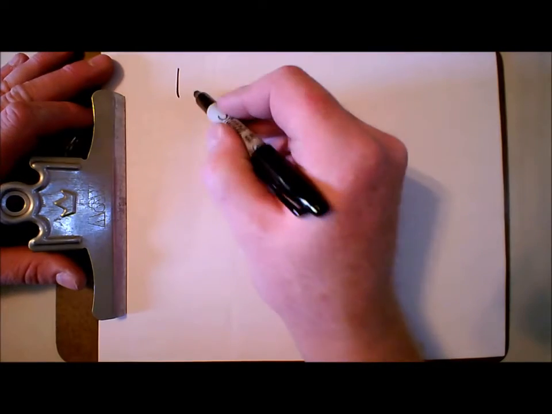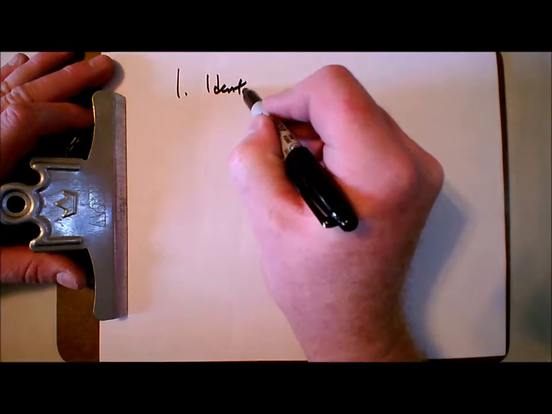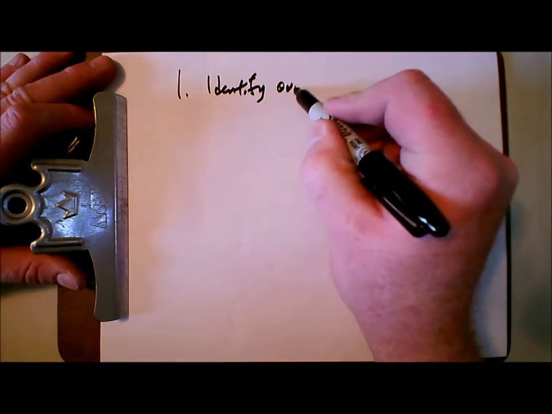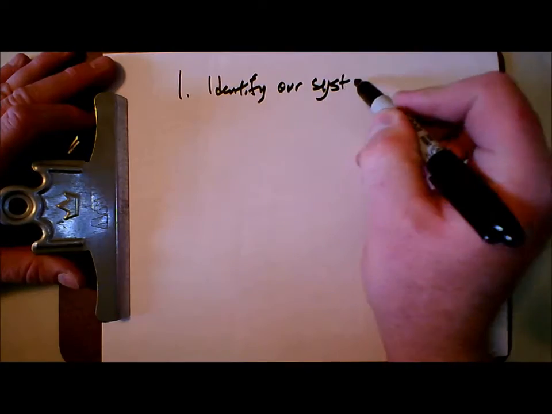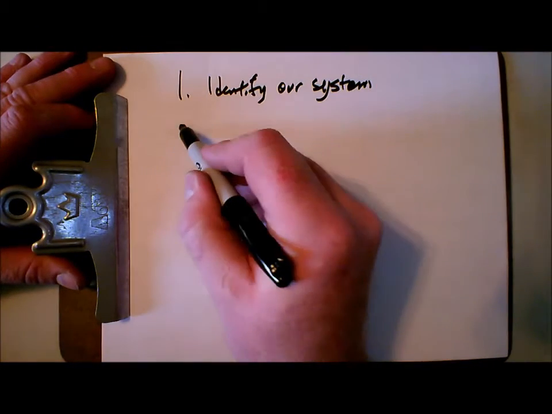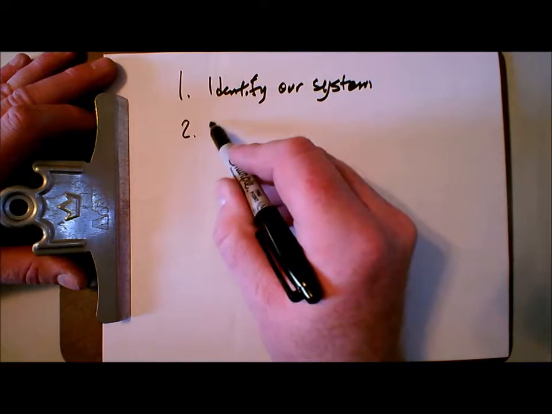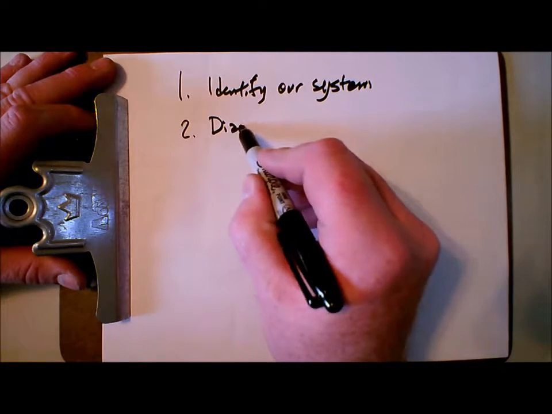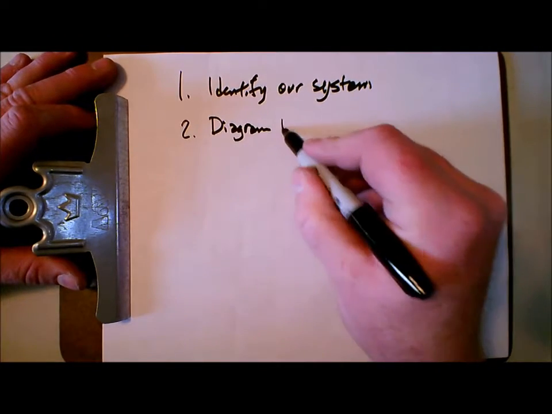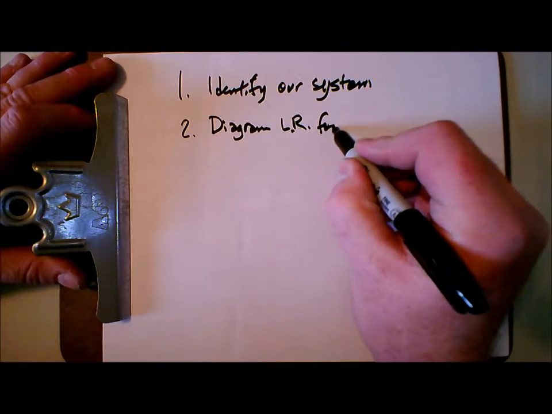A force diagram is just a way to diagram the forces. To draw a force diagram, the first thing we do is identify our system. What object or objects are we studying? The next thing we do is diagram long-range forces.